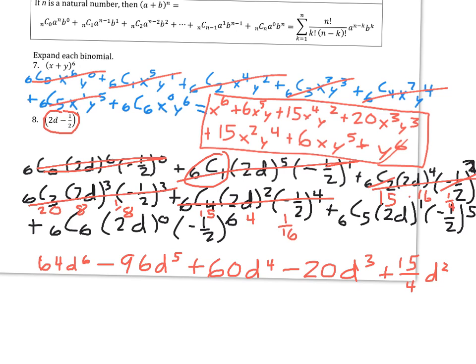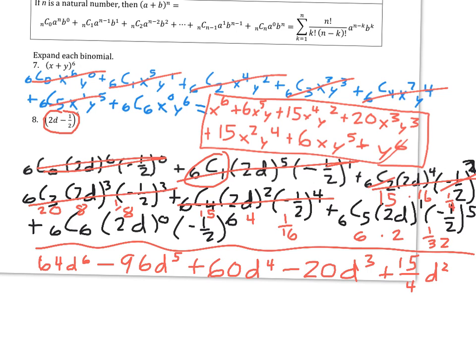Okay, 6c5 is 6. 2d to the 1st is just 2d. 1/2 to the 5th power is 1/32. Let me separate this. So we're going to end up with 12/32, which we can reduce to, if we divide by 4 on top and on the bottom, 3/8.